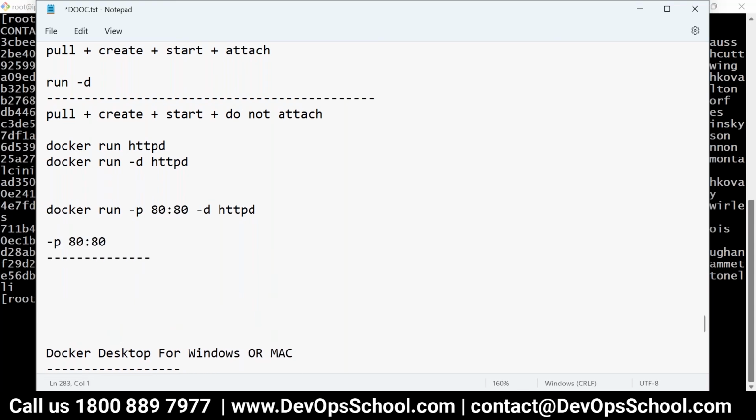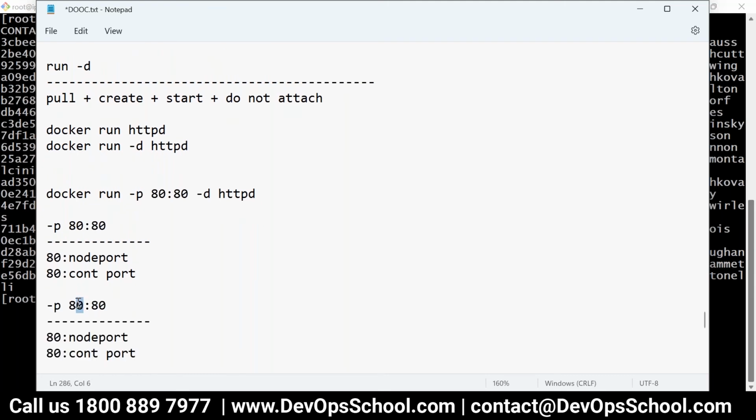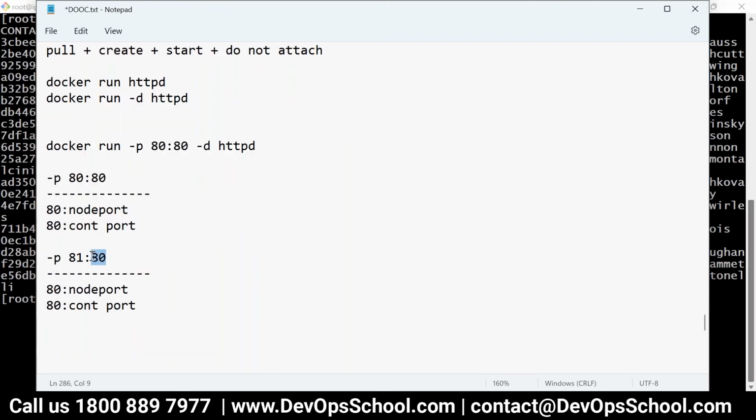This first 80 is the node port, and the second 80 is the container port. Node port is where Docker is running. And container port, I'll put it up one more time. Here I'll make it 81 as the external port. The container will be 80 port again because it is hard coded in the image itself. So here 81 will be the node port, 80 the container port.